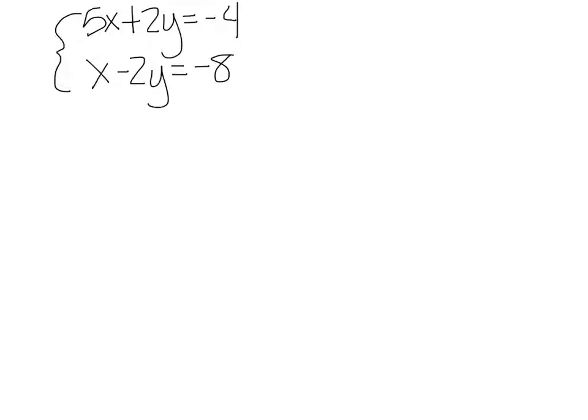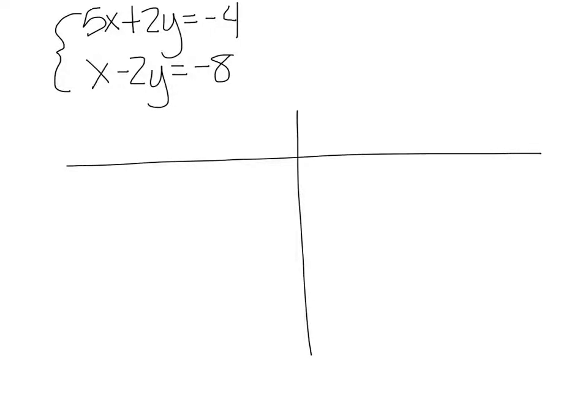It's just a little bit easier for me to work them through when I have some space. So I'll start with 5x plus 2y equals negative 4.